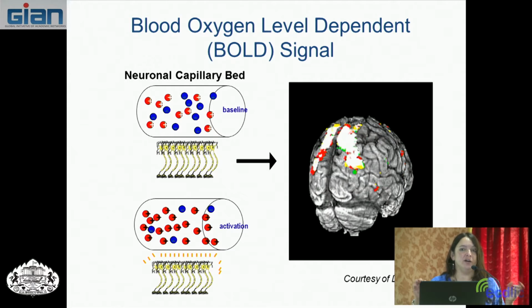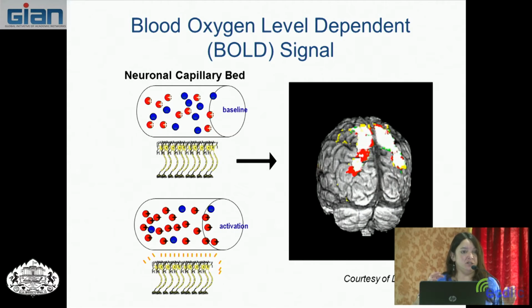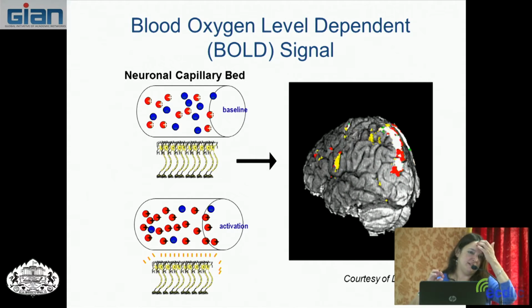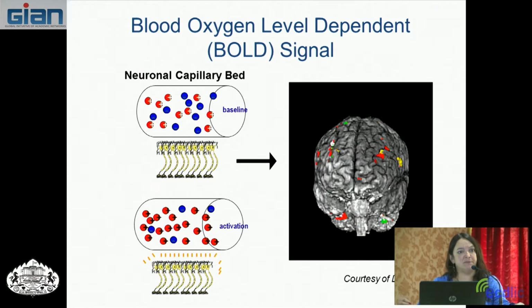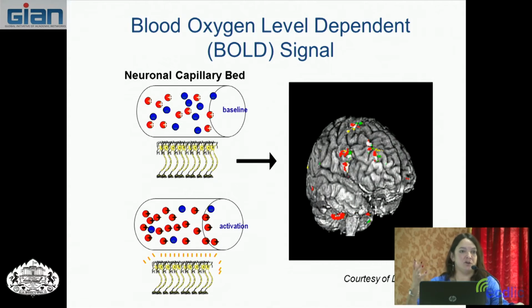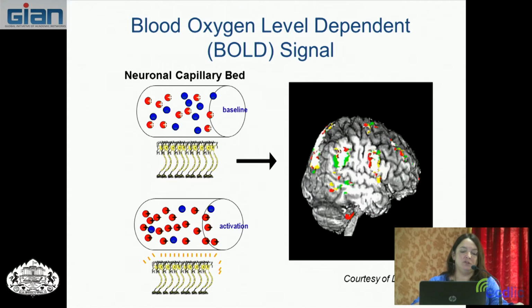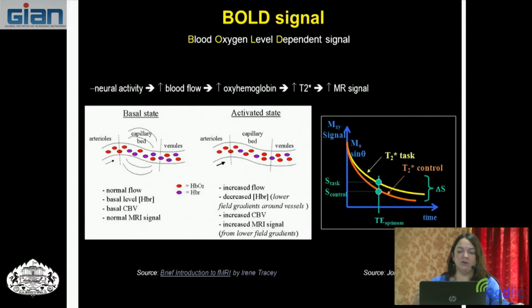And this iron in the blood changes the magnetic field slightly, because iron is a ferrous material that is attracted to the magnetic field. So we see local changes in this field, and this changes our T2 star effect just slightly. So we see these very small changes in local areas that are using more oxygen.